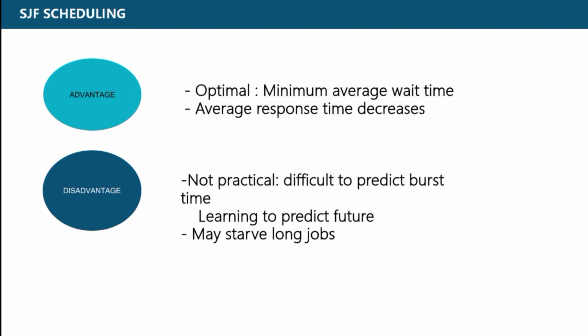It is not practical to find out the exact burst time in the future or to know the total average waiting time of what we can have overall in the process. And sometimes it may also starve the long jobs.